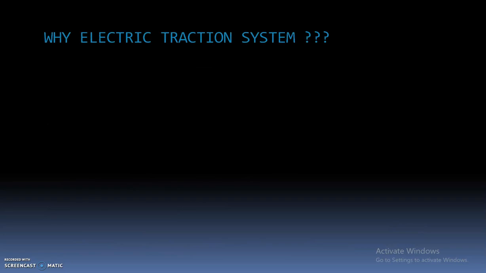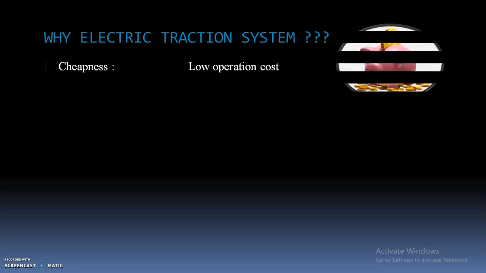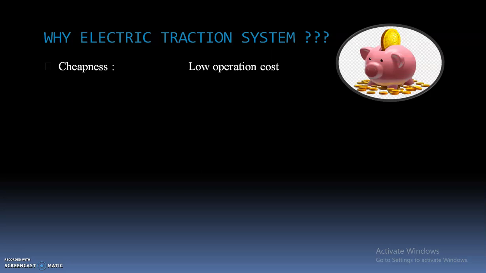Why is electric traction system preferred? The first and foremost quality of electric traction system is cheapness, or the cost of operation is very low, and you can expect a lot of savings when compared to conventional traction systems.